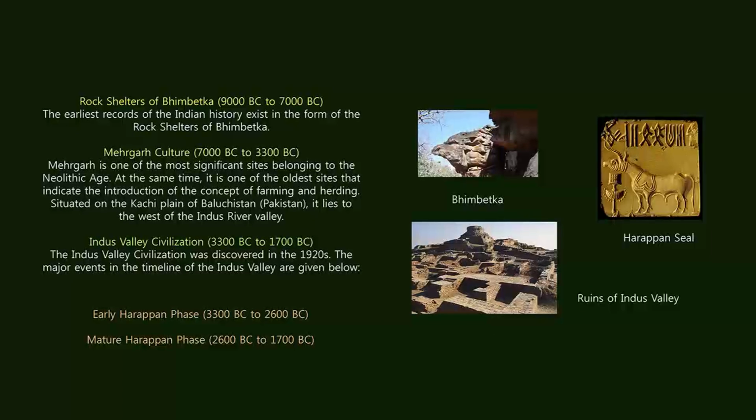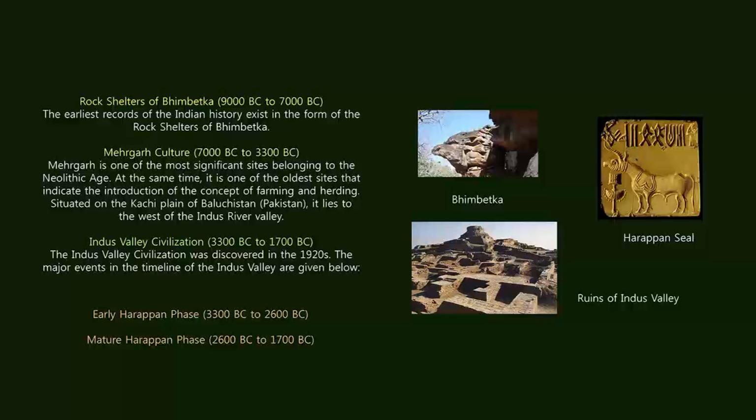But it was only very recently, that is 30-40 years back, that another culture very close in character and also in terms of its artistic products to the Indus Valley civilization, even very close geographically, the Mehergarh culture, was discovered, which flourished between 7000 BC and 3300 BC.